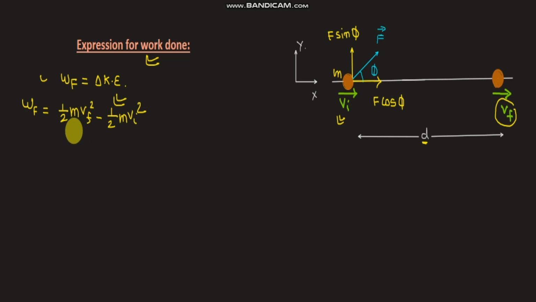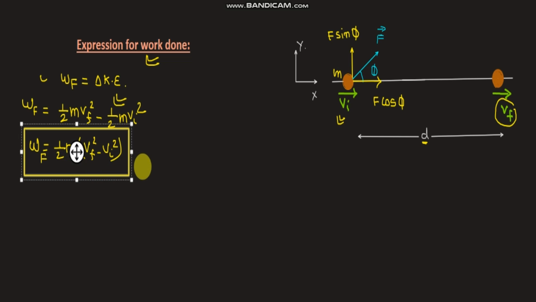So this is the final kinetic energy and this is the initial kinetic energy. Half m can be kept common, and we have v final square minus v initial square. So this is the work done by the force F, and we need to find the expression for this one.